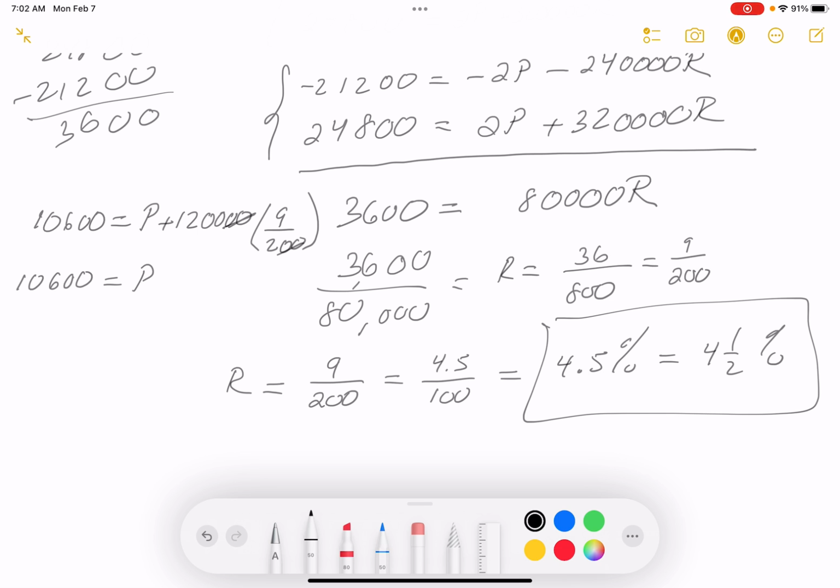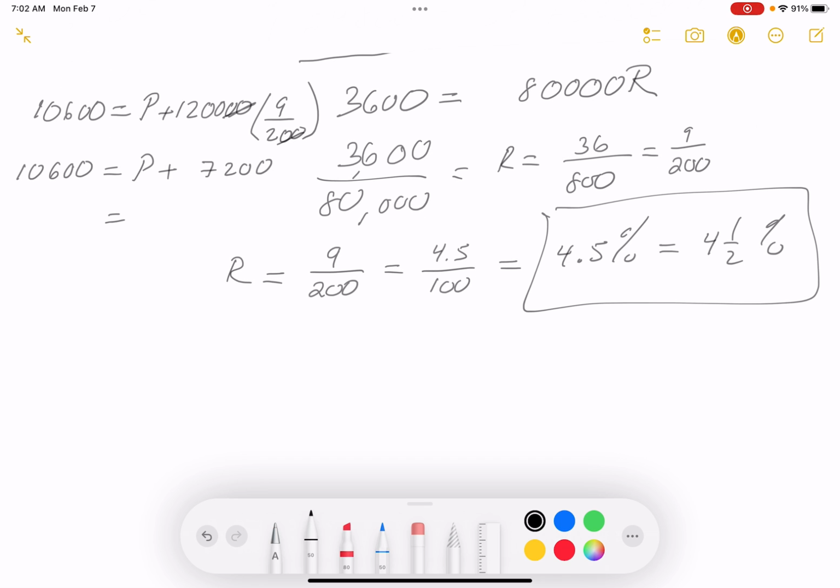And then I got 1,200 over 2, which is 600. And 600 times 9 is going to be 7,200. All right? Mistakes happen. Let's see what happens. What's P going to be? Let's see, 28 and 600, 3,400. So what's P? P is actually $3,400.